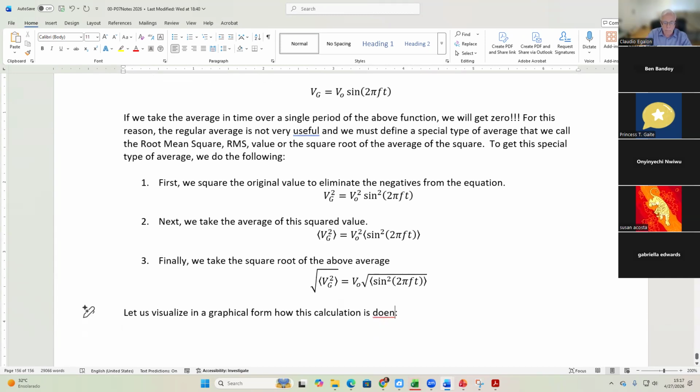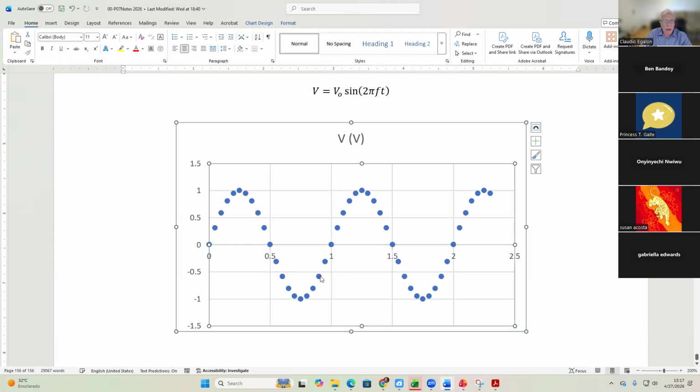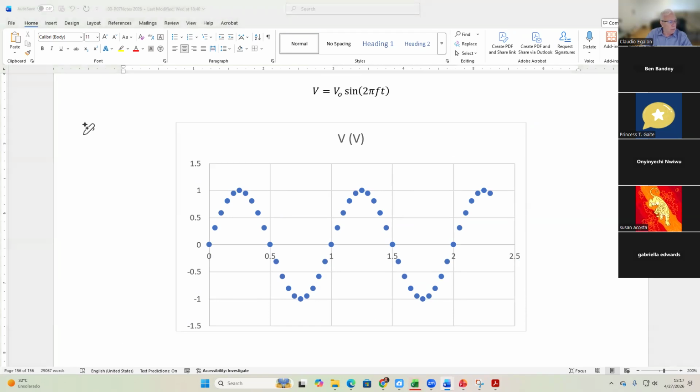Okay. We start with the voltage. Here's a full period. Here is V versus T. And here's a full period. If I take the average of this curve here over a full period, we're going to get 0. Okay? So what we have to do again, first we have to square it.